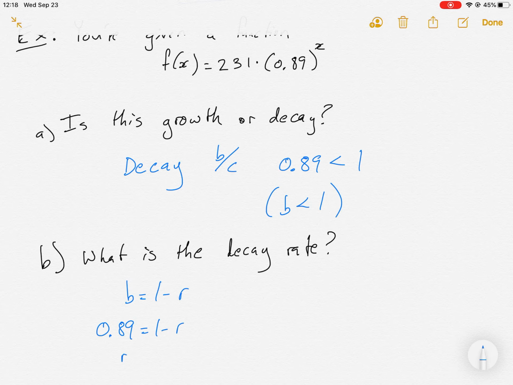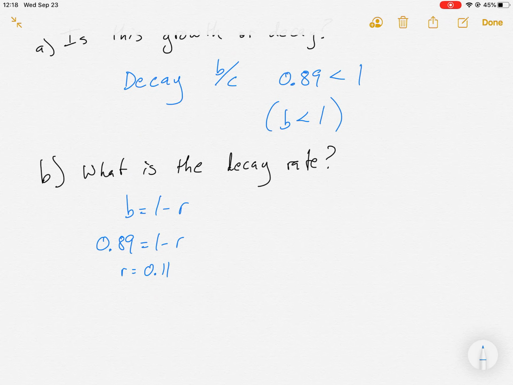So solving for R in this case, you would end up with 0.11. And so you would tell me that the decay rate is 0.11, or you might say 11% as a percentage. Either way is fine. And that would be it. Sometimes you'll see a negative on these, but I'm okay if we're already assuming it's decay, you can give it to me as a positive amount.